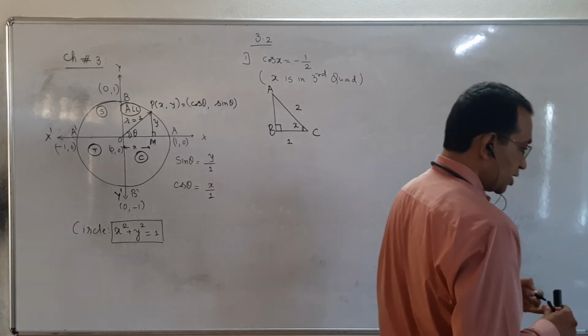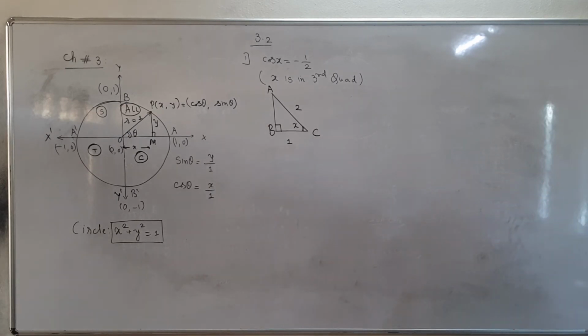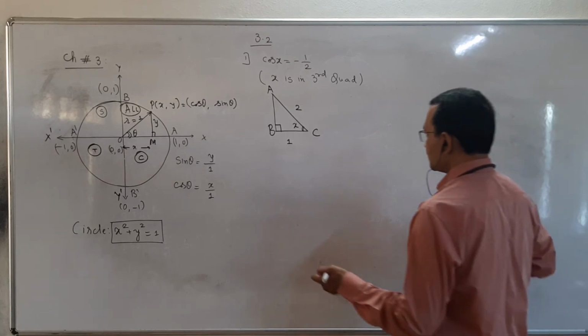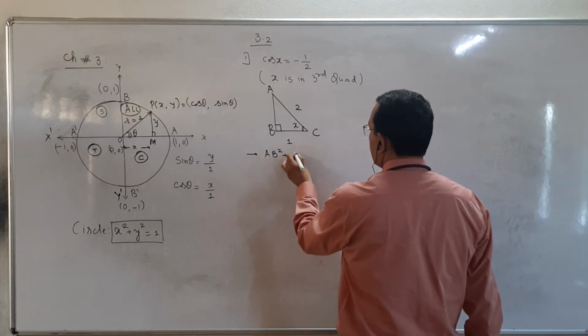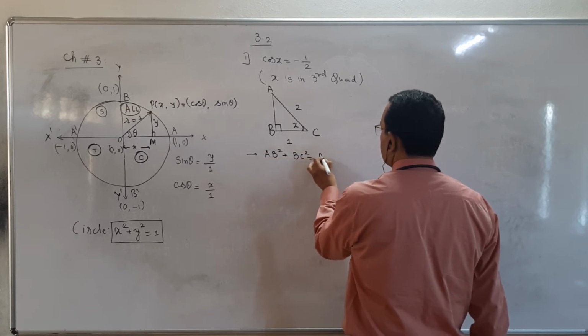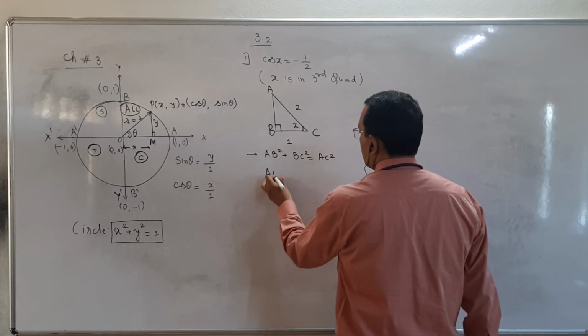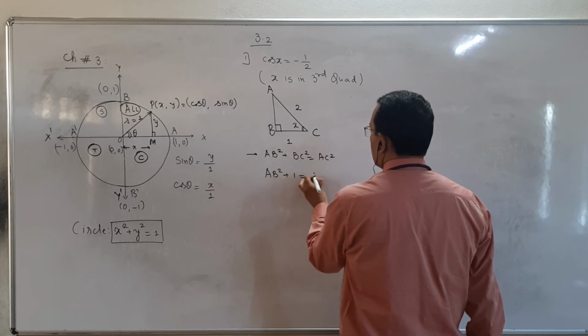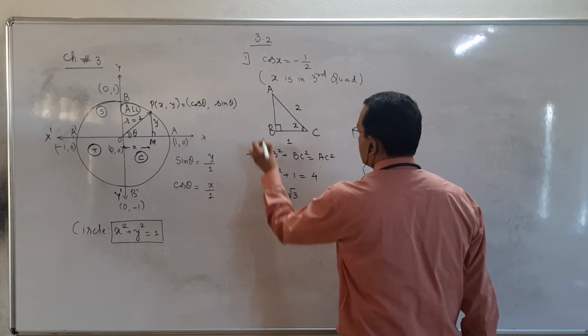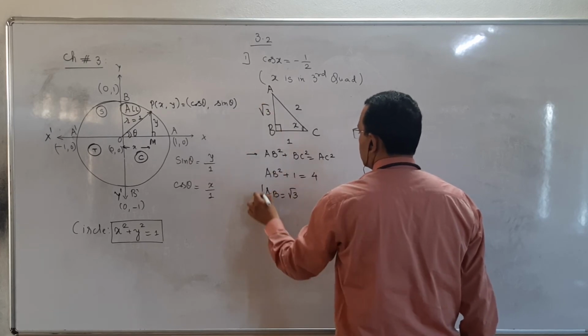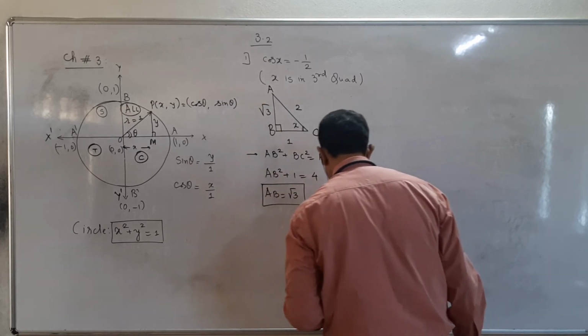So students, measure of angle B is equal to 90 degrees. Okay students, I want to find side AB. According to Pythagoras theorem, AB square plus BC square is equal to AC square. So AB square plus 1 is equal to 4. So AB is equal to root 3. This much all of you can easily understand.